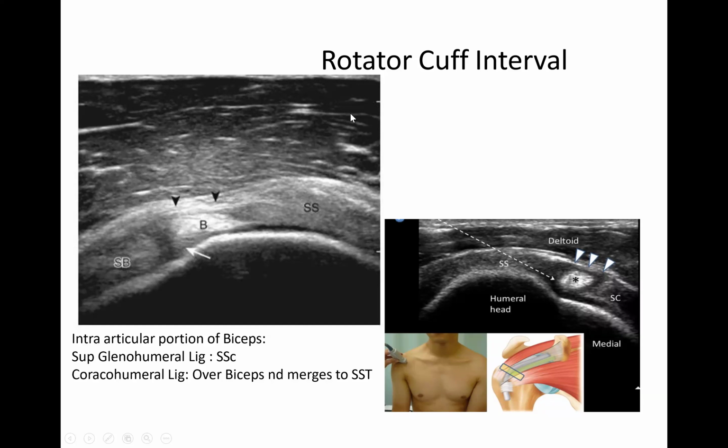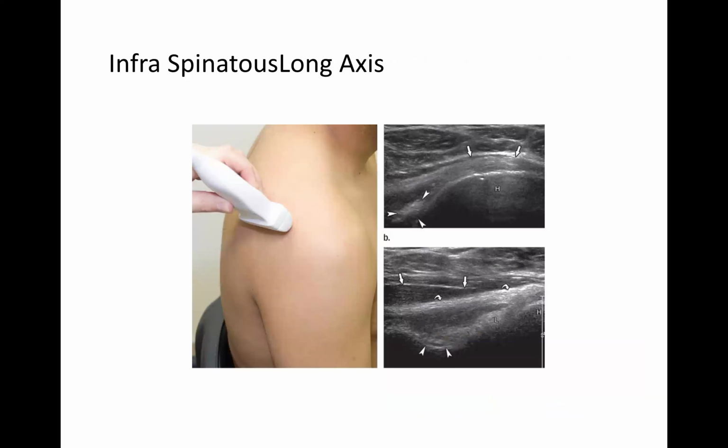We can come from this side, and just below the coracohumeral ligament, we inject the fluid so that it goes through this tendon into the joint space. This is also basically the area of the rotator cuff interval. This is the area where we can do the joint injection from the anterior approach.